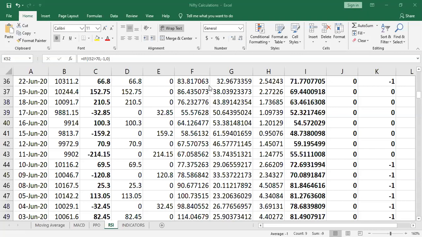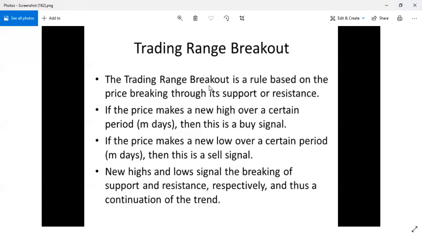Trading range breakout is a rule based on the price breaking the support or resistance or certain prices, like previous lows or previous highs, or this week's low or this week's high. Then a fresh downward or upward movement may be possible.